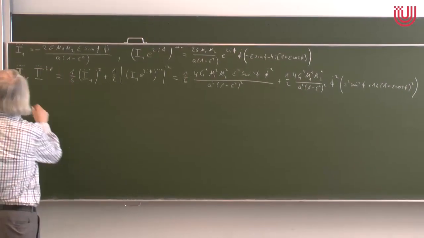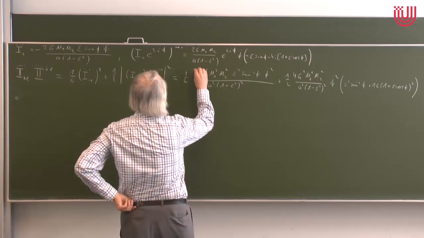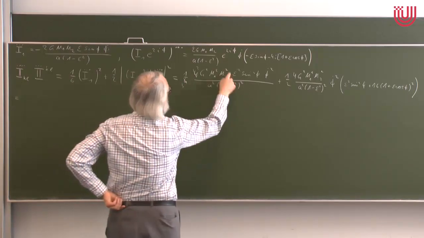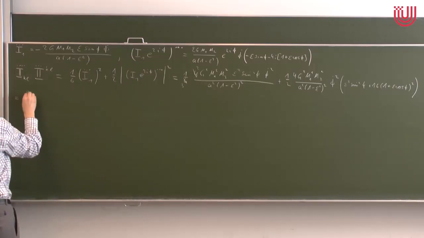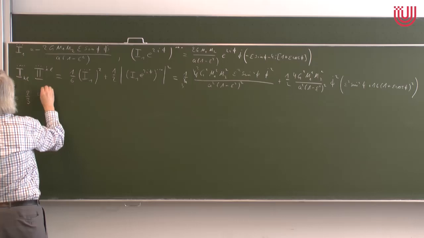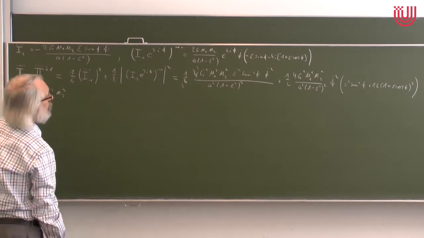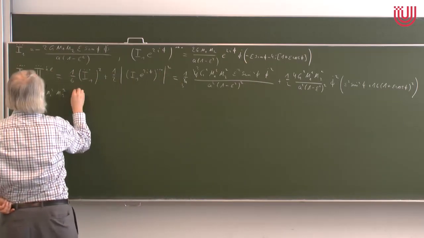Well, you see there's a common factor, so it can be simplified a bit. This gives 2/3, right? So let me take this term out of the bracket. Then I have 2/3 g squared m1 squared m2 squared, and also the phi dot squared, which is in both terms, right?